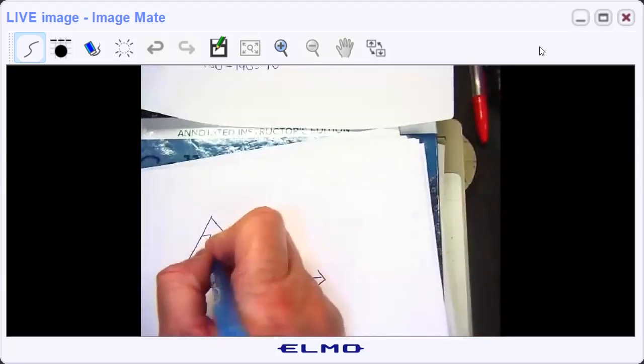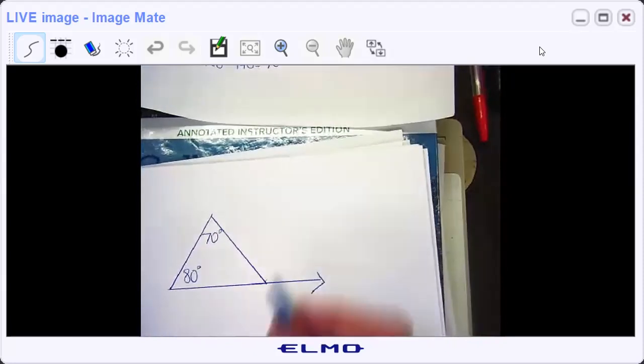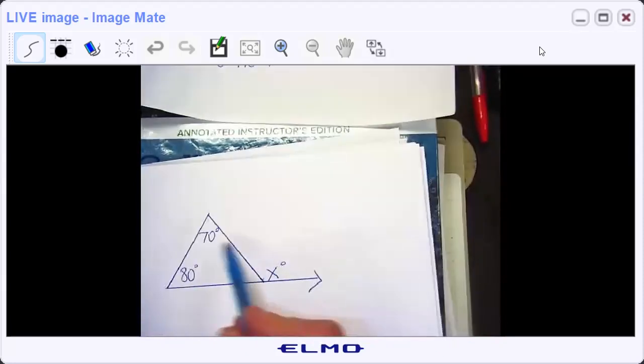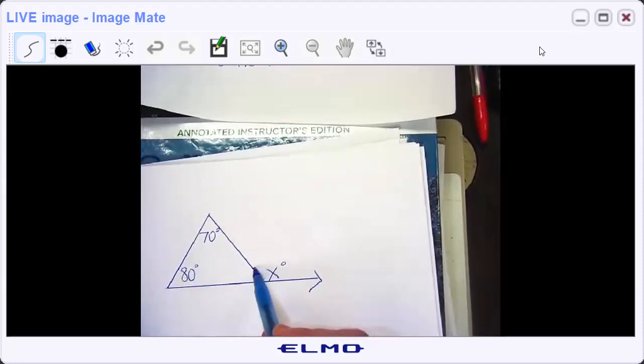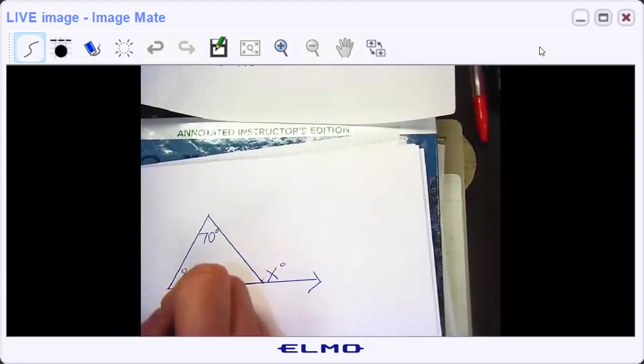And so let's say that this amount is 70 and this amount is 80, and they want to know this angle right here. So we are going to use 180 like we did before, but you can't mix together the inside and outside of the triangles. When you're using the fact that the angles add up to 180, it's only these 1, 2, 3 interior angles. But you can still treat it like we did a minute ago.